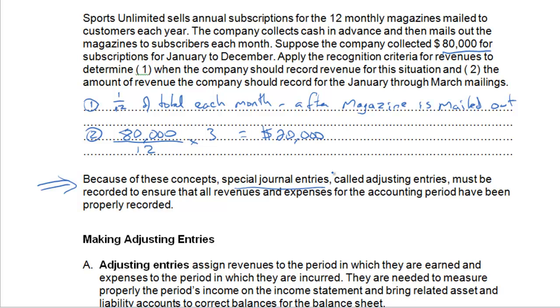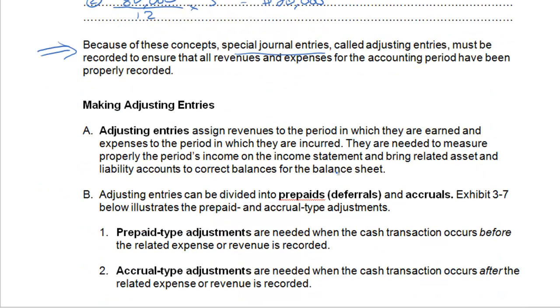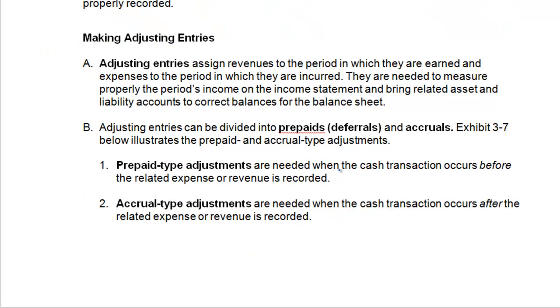Okay? So, these adjusting entries take several forms. And in a nutshell, what they do is they assign revenues to the period in which they're earned and expenses to the period in which they're incurred. And we make them really because we are about to produce financial statements and we want to make sure that the information that we report in the financial statements is accurate.